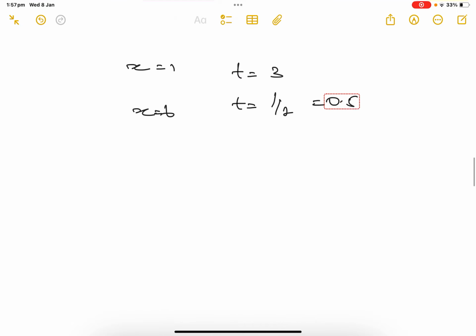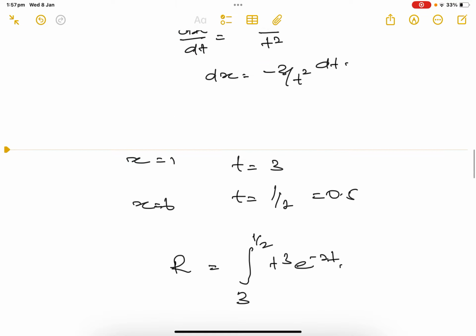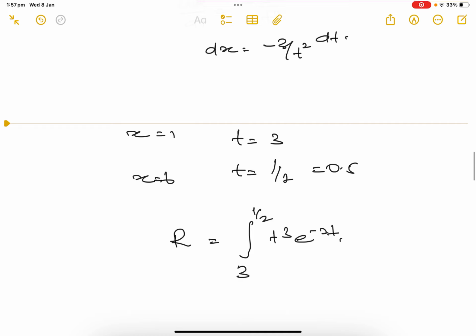Right, let's write that integral again in terms of t and the new limits. That is the integral from half to 3 of y, which is t cubed e to the minus 2t, times dx, which is minus 3/t squared dt.